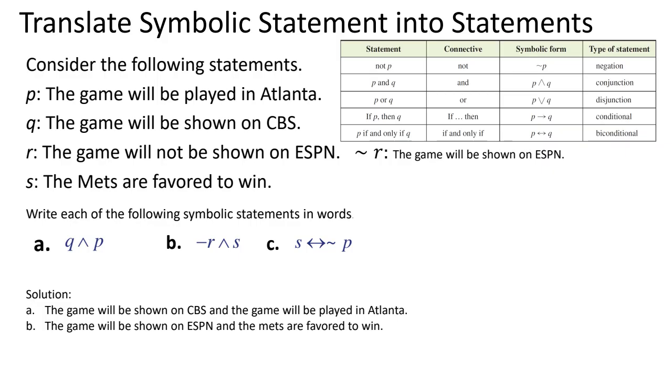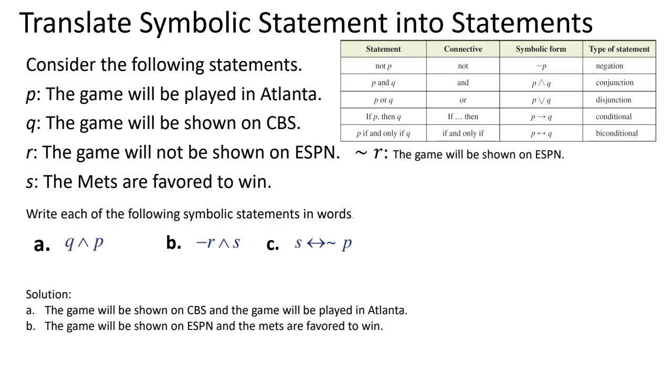And last, letter C has S and then the arrow going in both directions. When I start this, notice that I have to use that writing, the "if and only if."